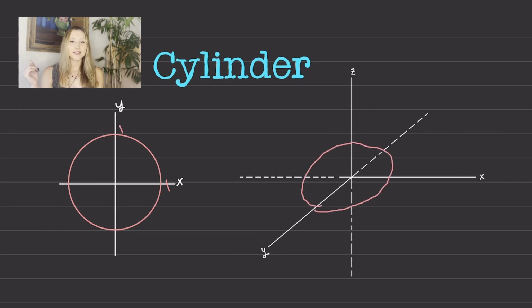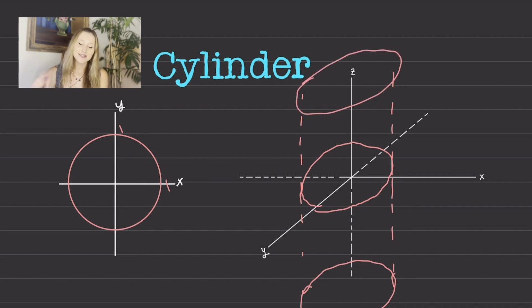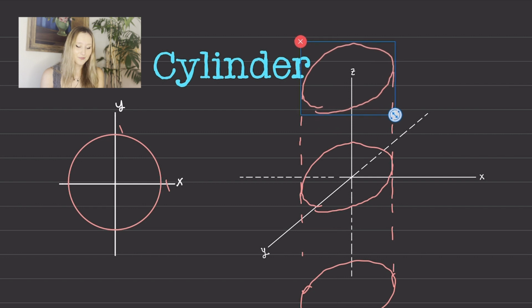However, it is a cylinder in the R cubed space. Anyways, here is my little drawing of the unit circle that turns into a unit cylinder with radius 1, and it goes on forever unless you cut it off in the z direction.